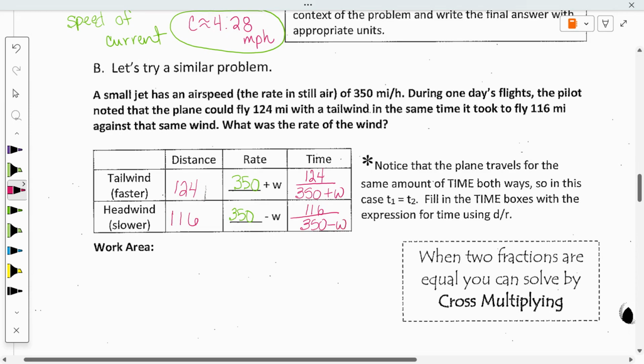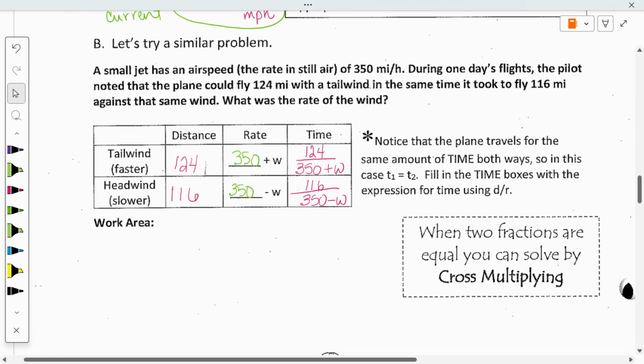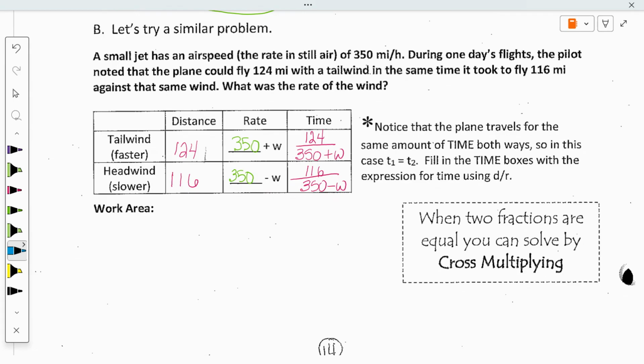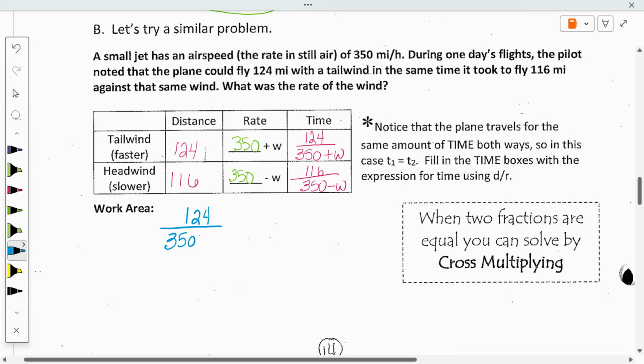Says, notice that the plane travels for the same amount of time both ways. That means that we can set each one of those expressions equal to each other. Who said that? Zach, good job. So 124 over 350 plus W has to be equal to 116 over 350 minus W.